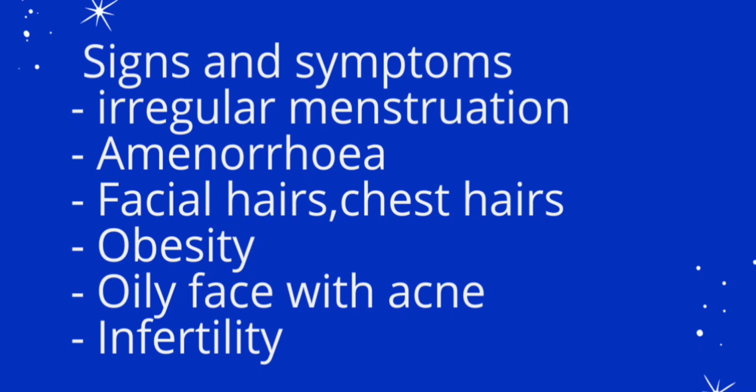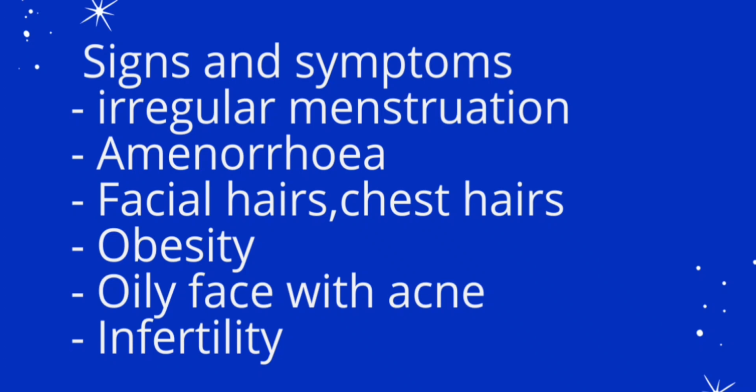Okay, but the symptoms as well can vary, ranging from irregular menstruation to no menstruation at all, or presence of hairs in areas where it's not commonly found in ladies, like the facial hairs, the chest hairs, and hairs around your umbilical area, that's in the abdomen. Then obesity, oily skin accompanied with acne, and the last but not the least is infertility.